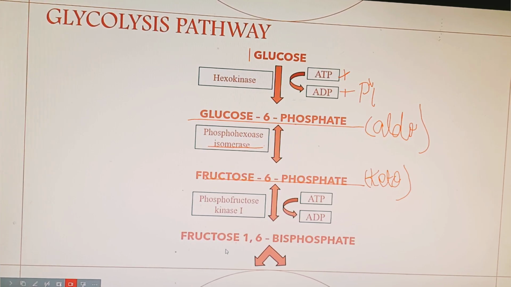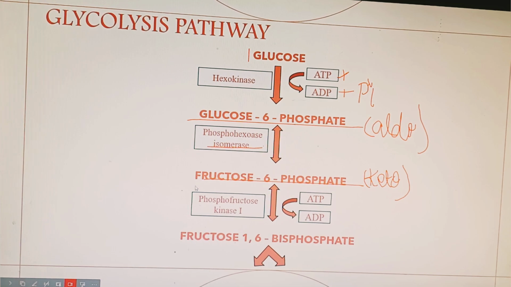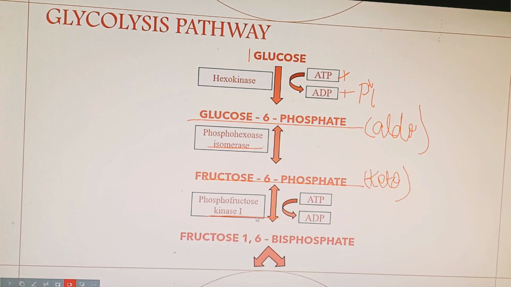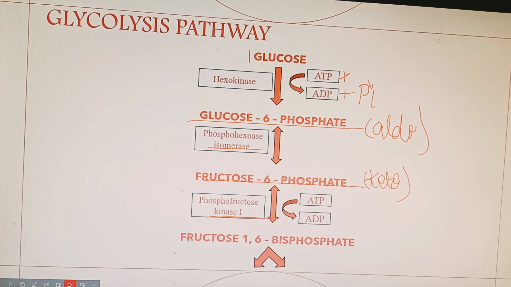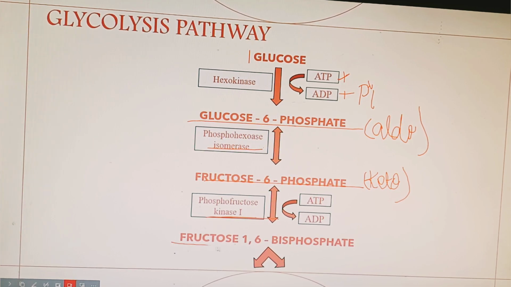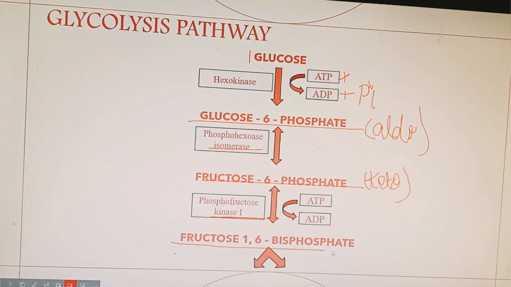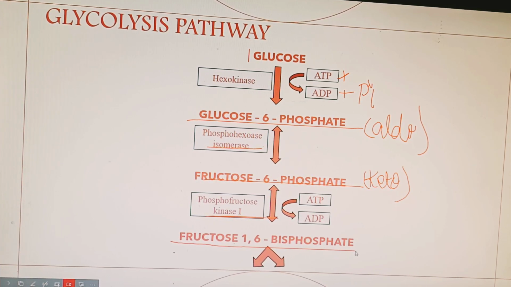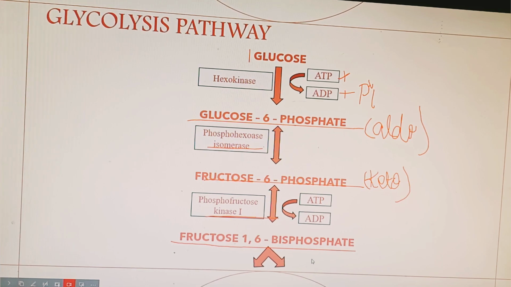Now in the next step, there is attachment of one more phosphate group to the fructose 6 phosphate molecule, and it is converting into fructose 1,6 bisphosphate. This reaction is catalyzed by the phosphofructokinase 1 enzyme, and here one molecule of ATP is being utilized to attach a phosphate.